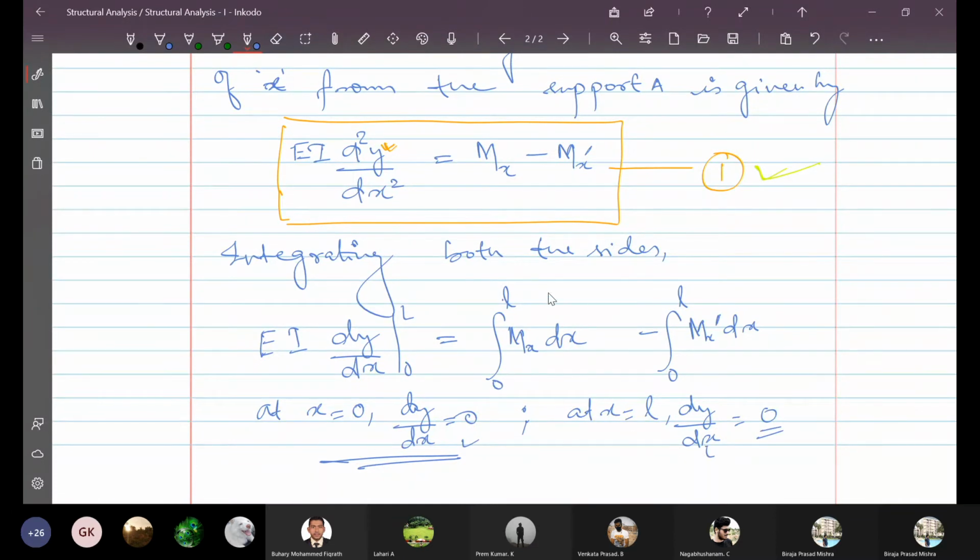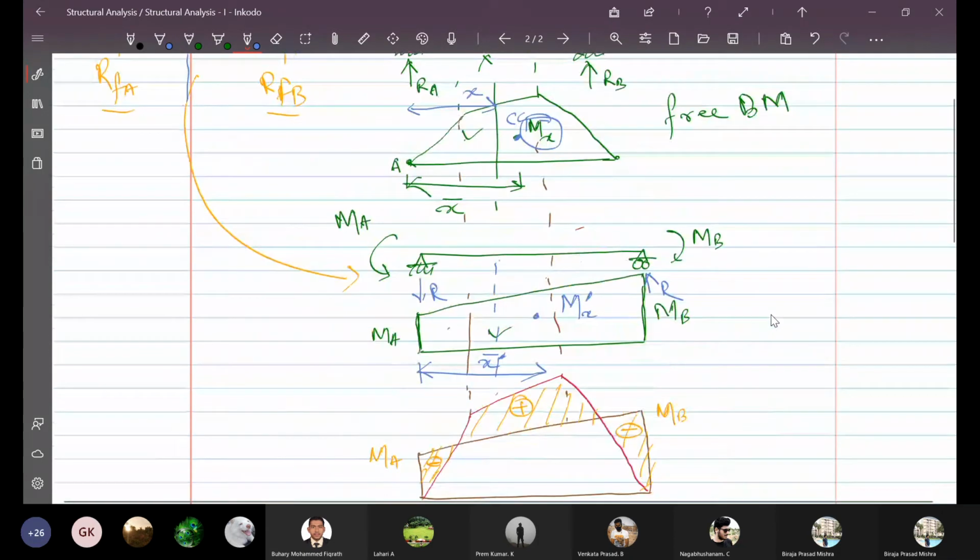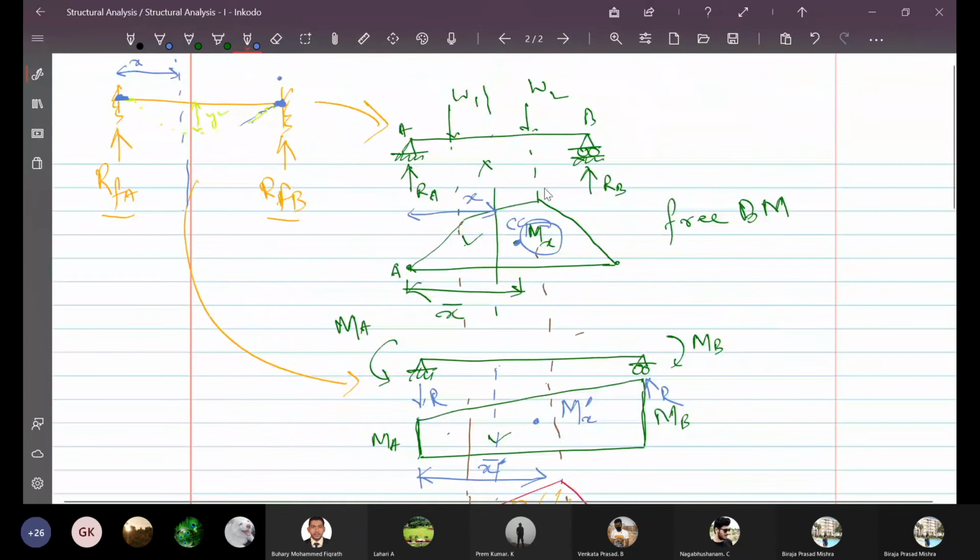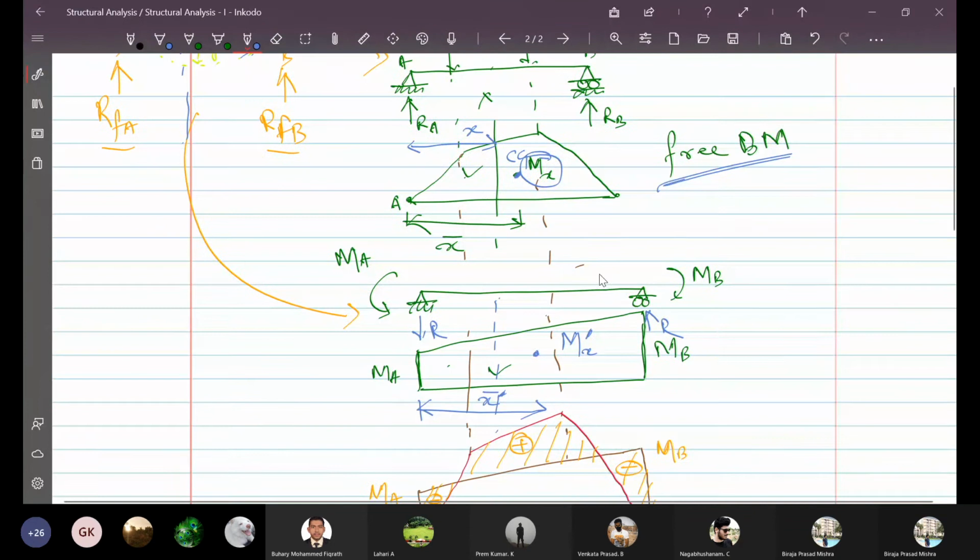And what is this integration of 0 to L M x dx and integration of 0 to L M x bar dx? The first one is the area of the free bending moment diagram, and the second one is the area of the fixed bending moment diagram.